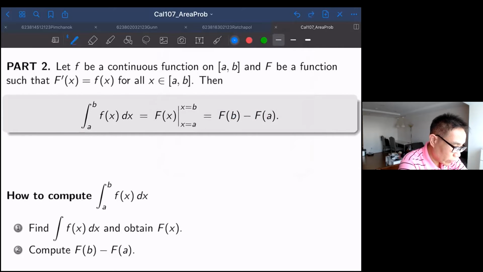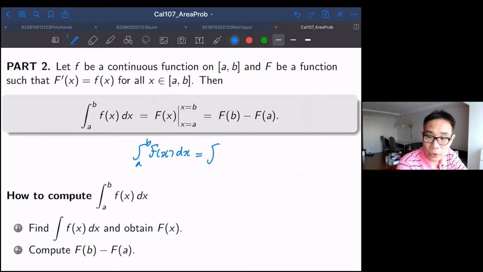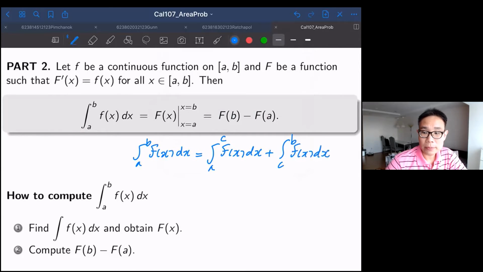You know that the integral from a to b of f x dx equals the integral from a to c of f x dx plus the integral from c to b of f x dx.